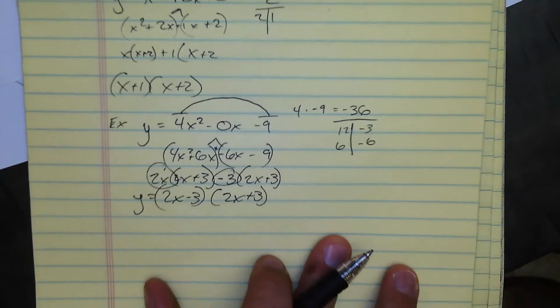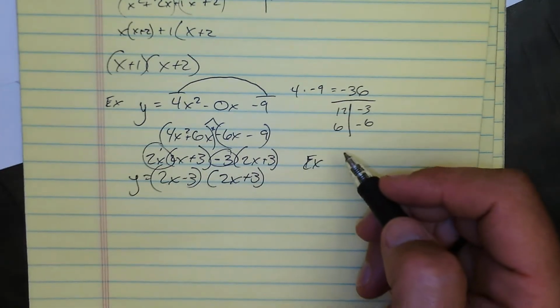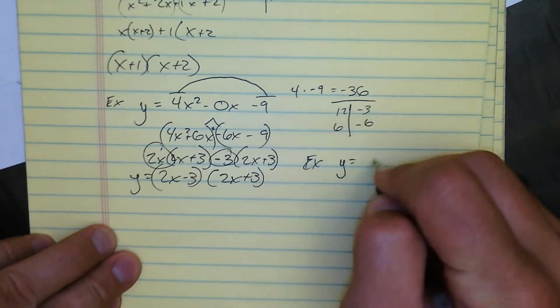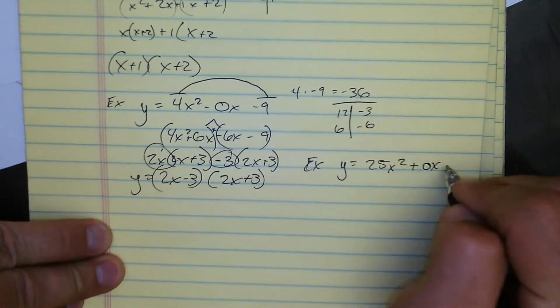Now, the second example, we're going to do y equals 25x squared plus 0x minus 4.